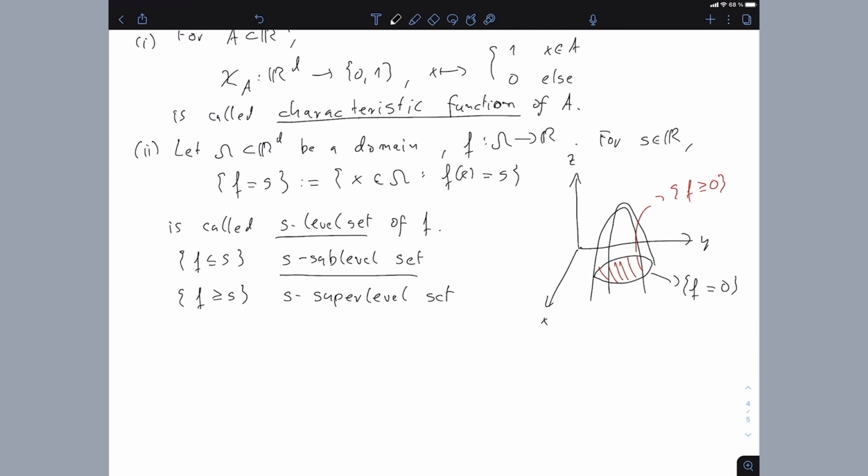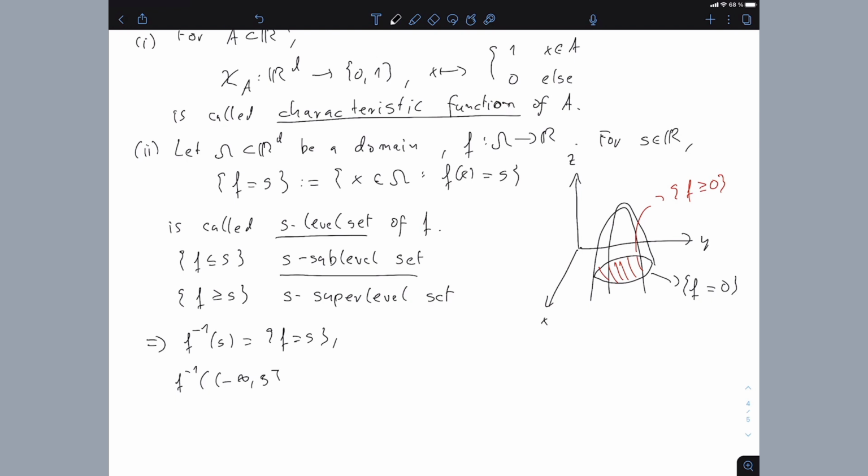There are some reformulations for this. The pre-image of s, so f inverse of s, is the same as {f = s}. So this is not like the inverse function, but the pre-image: all points that are mapped to s. And the same or similar relations we have for the other level sets.